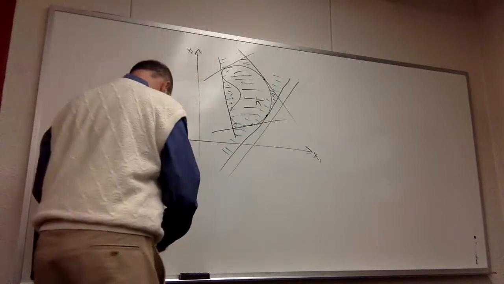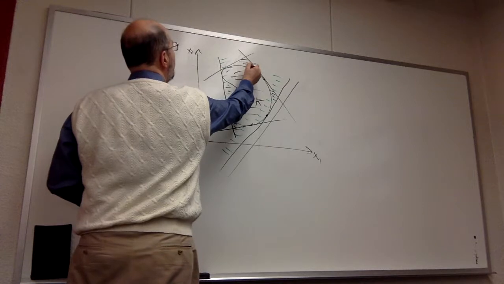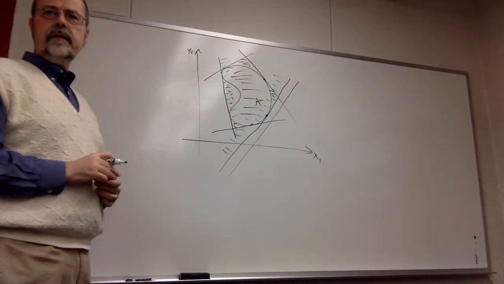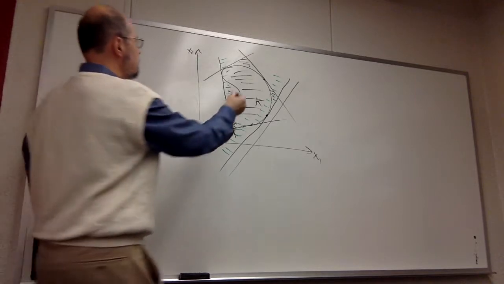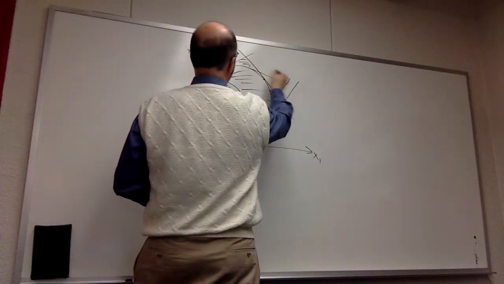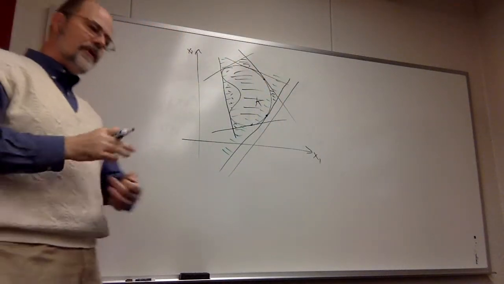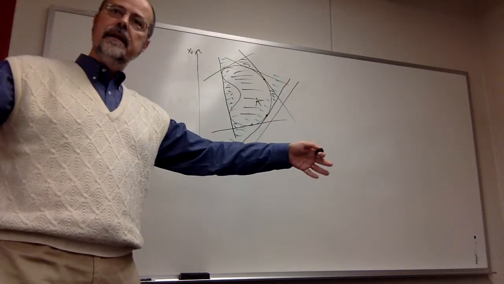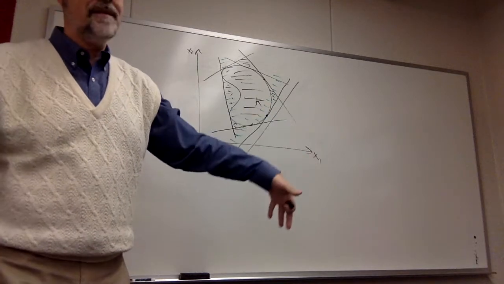For example, consider this point here. Does it belong to the infinite intersection of all those half spaces? No, it doesn't, because it doesn't belong to that one. Right? For a point to be in the infinite intersection of sets, it needs, by the property of intersection, to be in every one of the sets.